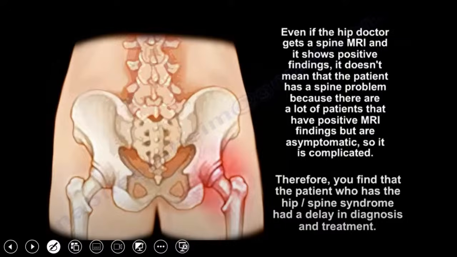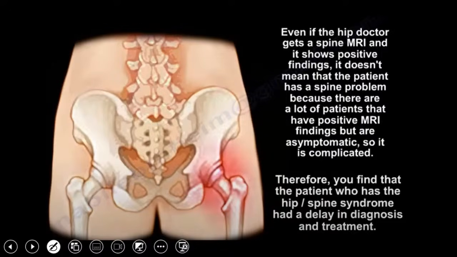This may be asymptomatic, and the incidence increases with age. So you need to correlate the clinical findings with the MRI and the X-rays. You need to have a bigger visual clinical picture.